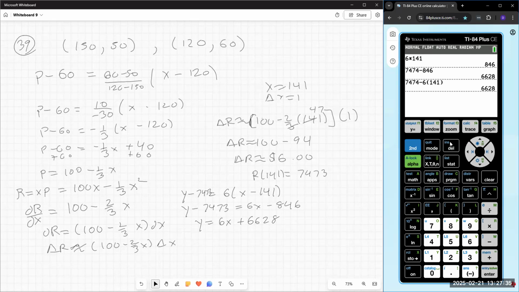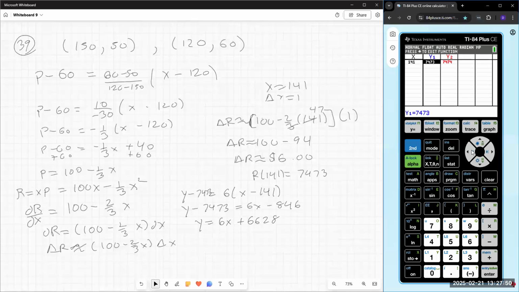That's right. Type it in right. 6x plus 6628. That's right. So these should be exactly the same thing. I don't know why they're off at all. But the tangent line should touch the curve exactly at the same y value. So that's just something with the calculator being funky there.